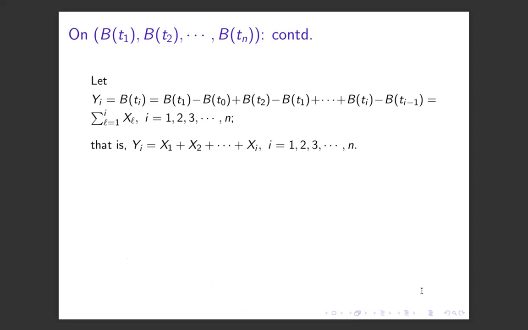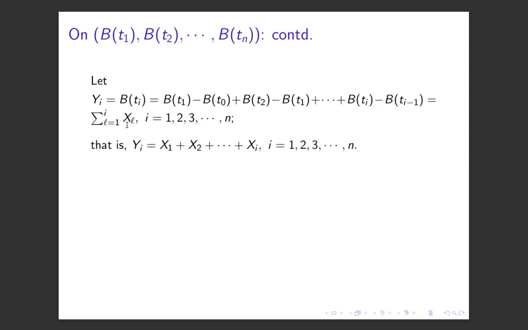So now let us put yi equal to Bti, which is basically Bt1 minus Bt0 plus Bt2 minus Bt1, and so on, plus Bti minus Bti-1. So basically, yi is essentially the summation over l going from 1 to i of these xl's, for each i.